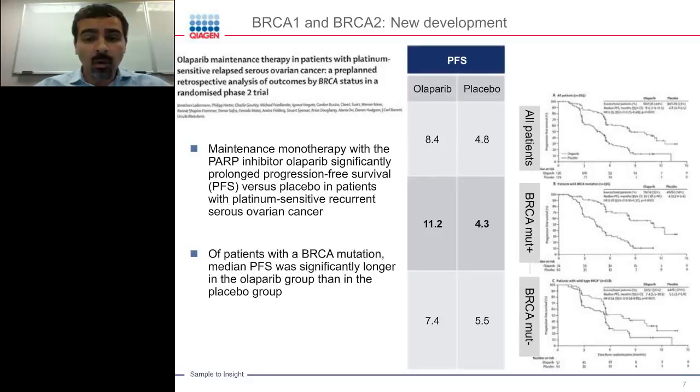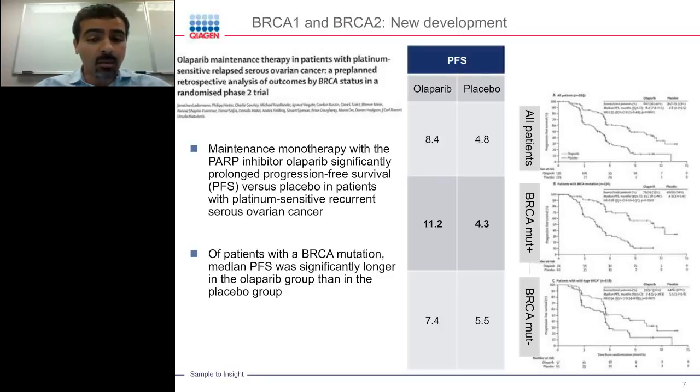So when the authors of this study looked at the response of all patients versus BRCA mutated patients versus BRCA unmutated patients to this PARP inhibitor, otherwise known as olaparib, they did see an increase in the response rate in those patients in which BRCA1, BRCA2 are mutated compared to those in which BRCA1 and BRCA2 are unmutated.